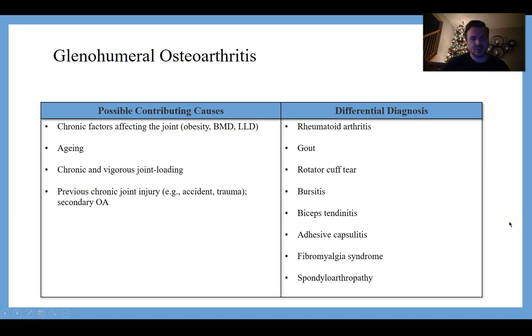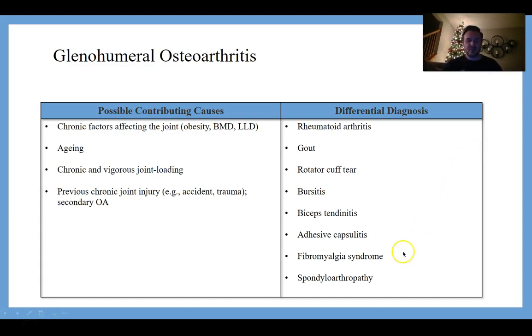So, possible contributing factors, obviously aging's the big one here, but previous joint injury, if I haven't made myself clear there. Differential diagnosis: we want to rule out rheumatoid arthritis, things like gout, rotator cuff tears in the older individuals, bursitis, tendinitis, adhesive capsulitis, which is what we'll talk about next, but you have loss of range of motion there.